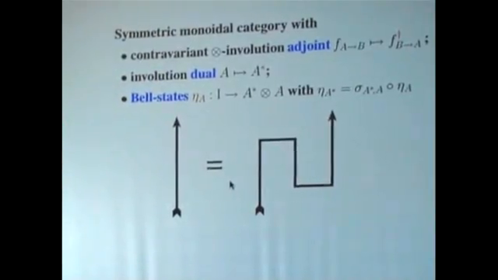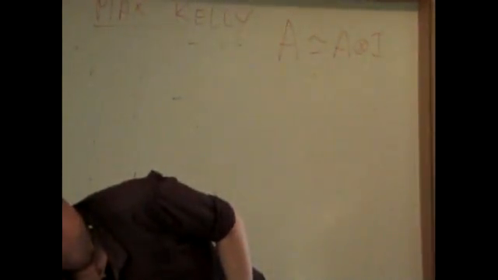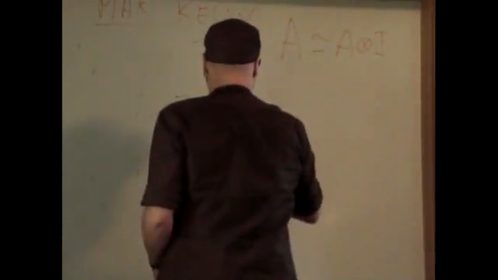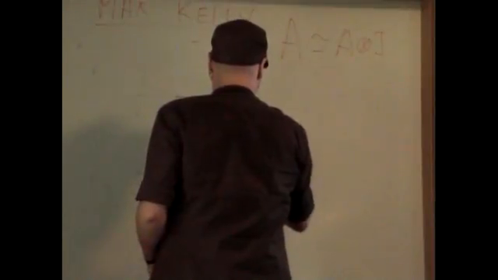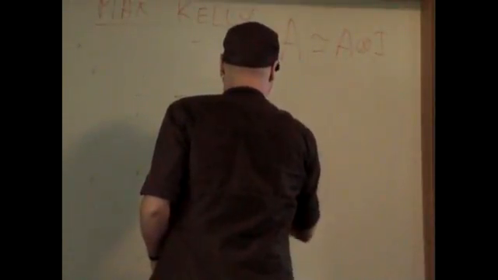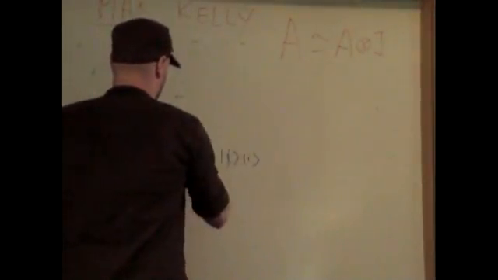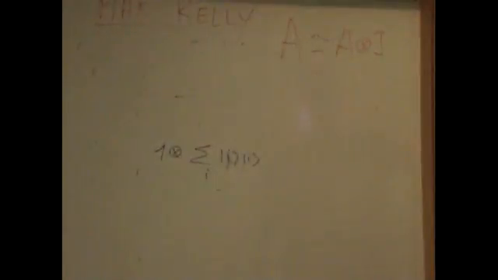But let's just prove that you can define Bell states like that. So this is the formula we are after. You've got an identity, you've got a Bell state. So we've got a sum over pairs, and an identity on the left. And now you compose this with the adjoint.